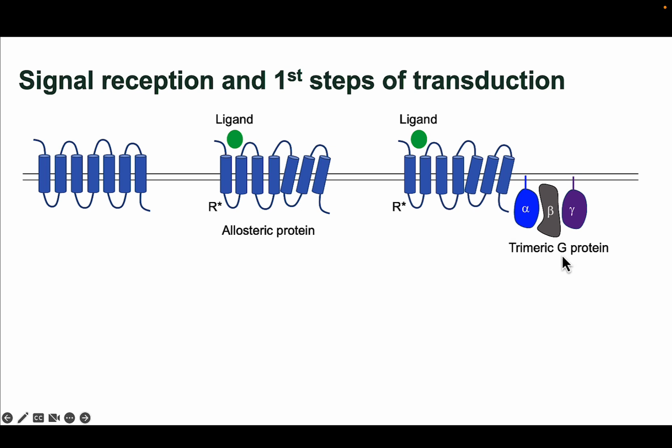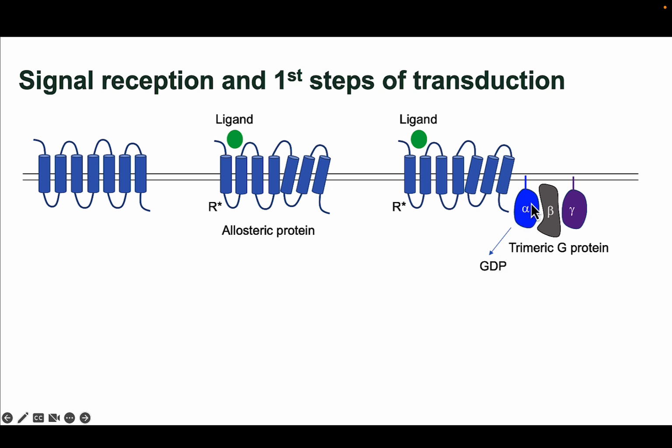Recall that G proteins are only active when they're bound to GTP, and they're inactive when they're bound to GDP. So initially, before the ligand bound, these were all associated, and the alpha subunit is bound to GDP. But what this receptor is going to do is promote the exchange of GDP for GTP.